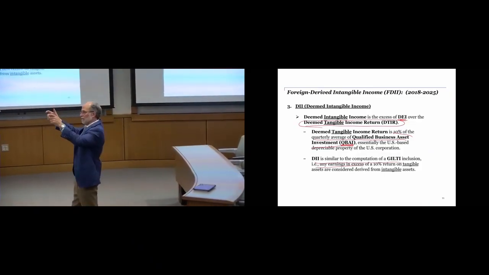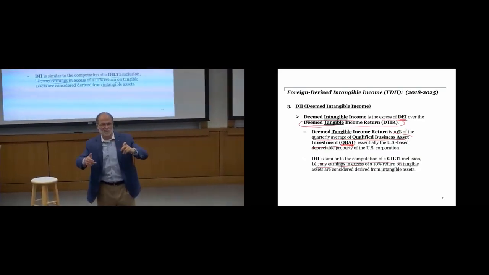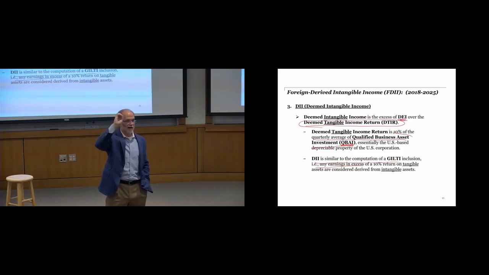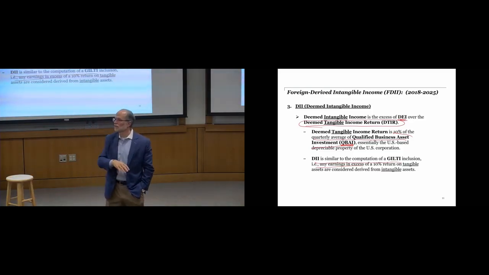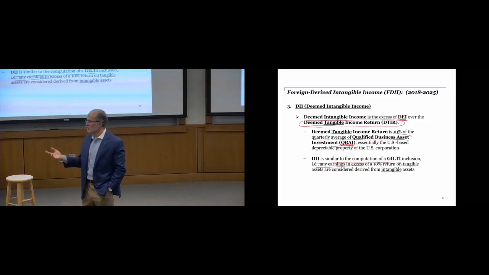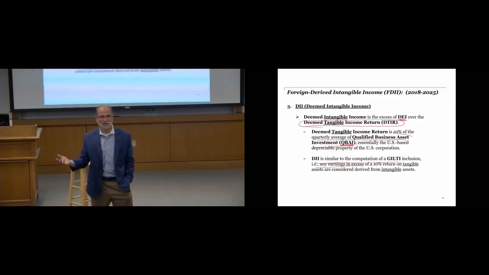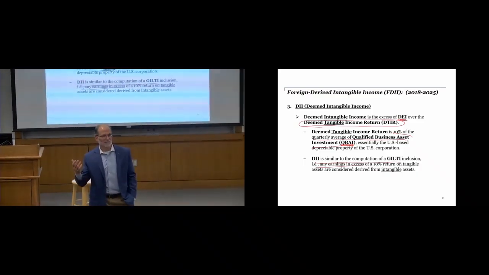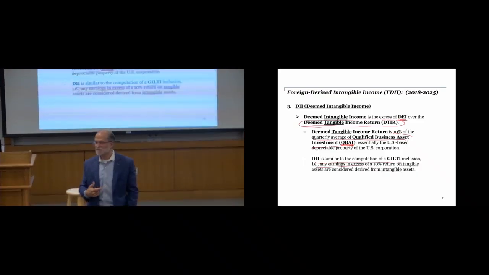Think about what this does. The carrot component of the regime, we're trying to incentivize U.S. activity by giving a lower rate of tax on this type of income stream. Well, I'm reducing the base by 10% of your tangible assets. What is that oddly incentivizing? Don't put your tangible assets in the United States.